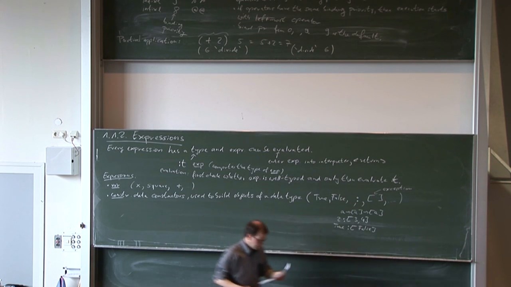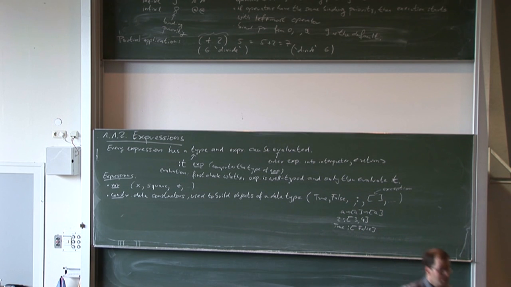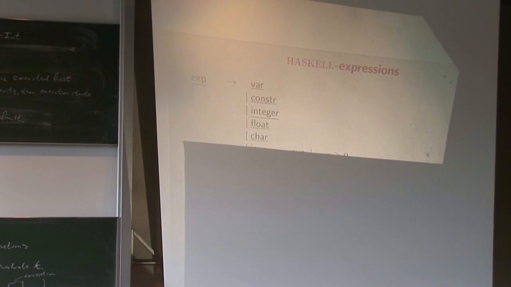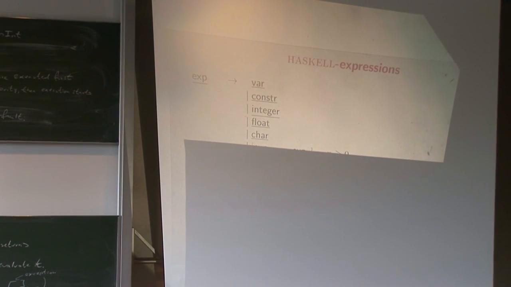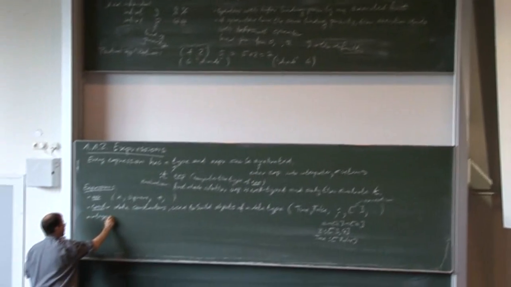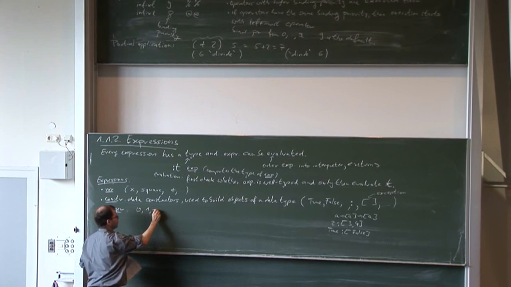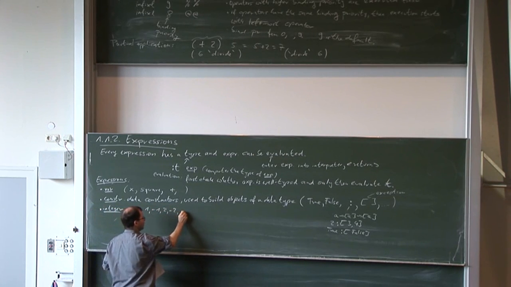Now there are some more obvious expressions, namely the expressions of the basic predefined data types: integer, float, and character. So for integer, the expressions that I mean here look like this: 0, 1, minus 1, 2, minus 2, and so on.